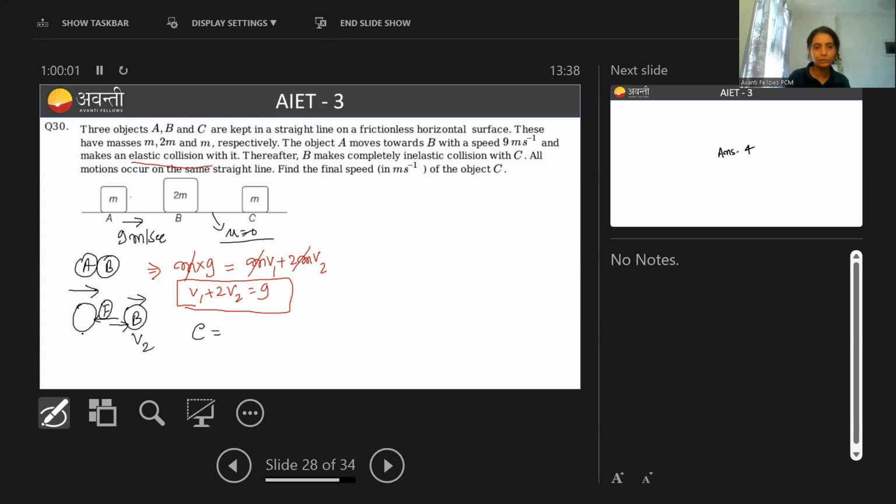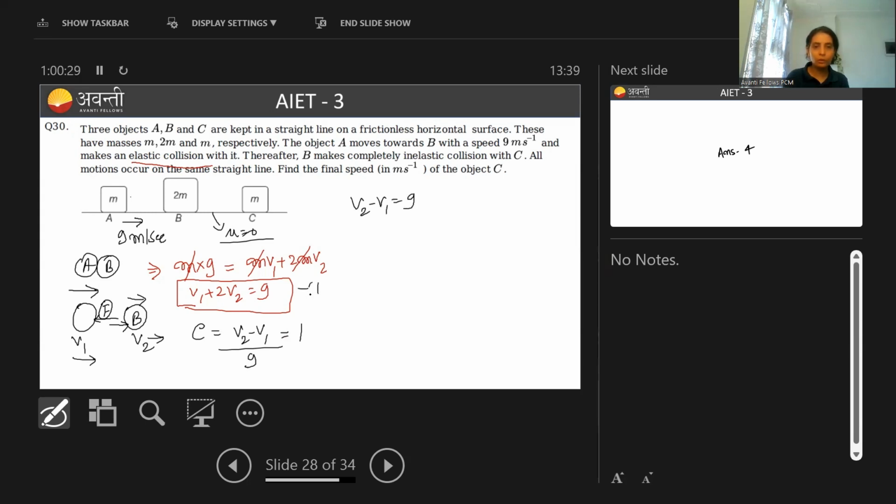After collision, this has velocity v1 and this has v2 in this direction, so this will become v2 minus v1. Velocity of approach: only A is approaching B, and only A has velocity, so this is equal to 9. If it is an elastic collision, e will be 1. So v2 minus v1 is equal to 9.